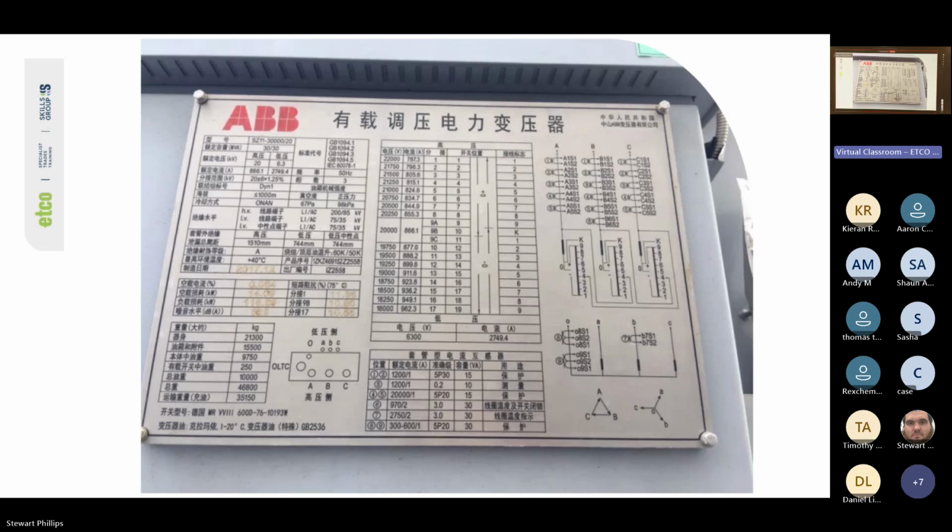There are some things in English on it. You guys have found the voltage.